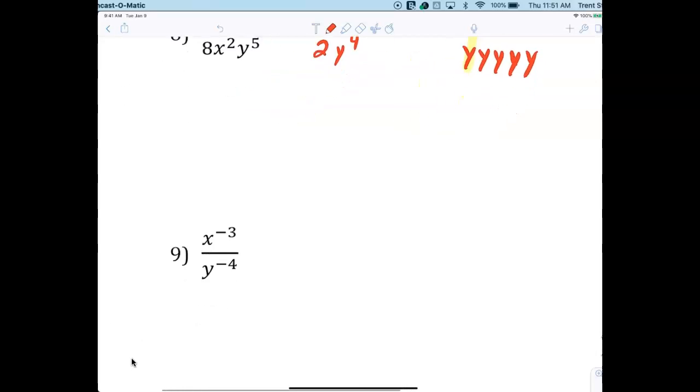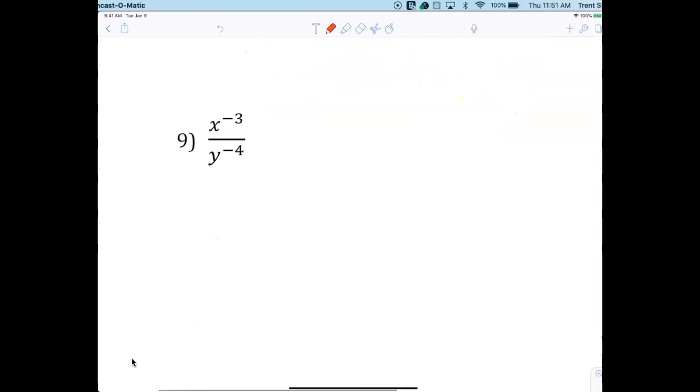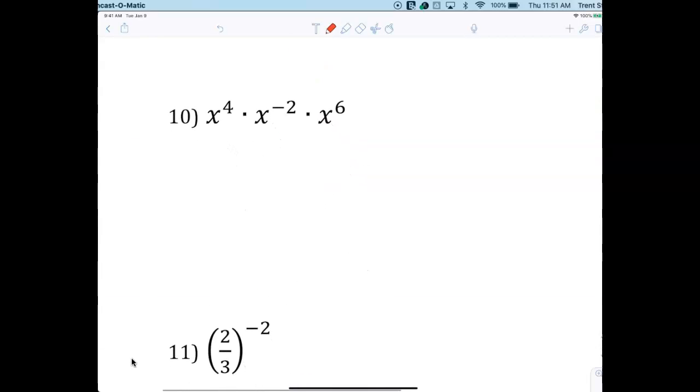So number 9, I don't think Watson did something. Go, Watson. Y to the 4th over x cubed. I'm happy with that. Charlie? Which is? You just mean x to the 8.